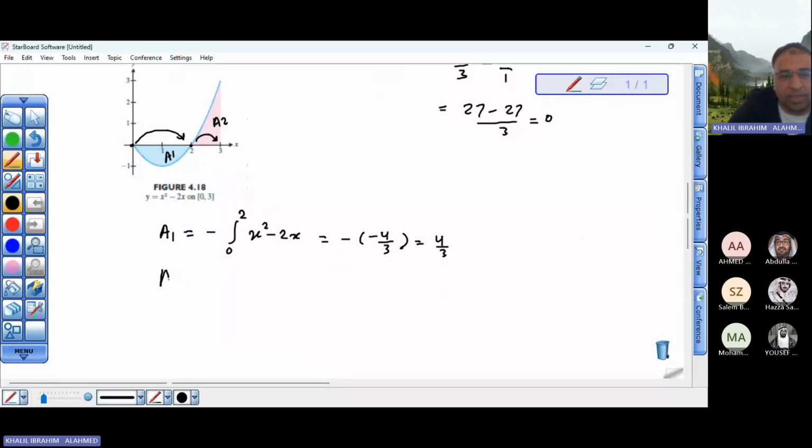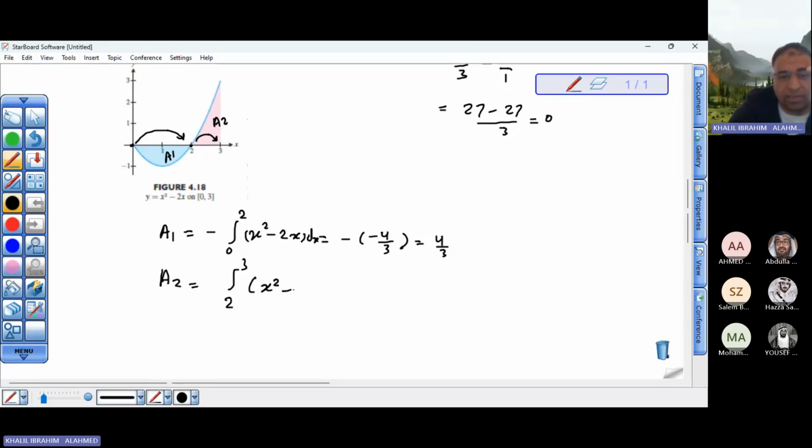Step 2, how to find the second area, area 2, from 2 to 3. Okay, the same. Here, don't forget dx. The function above the x-axis is positive.